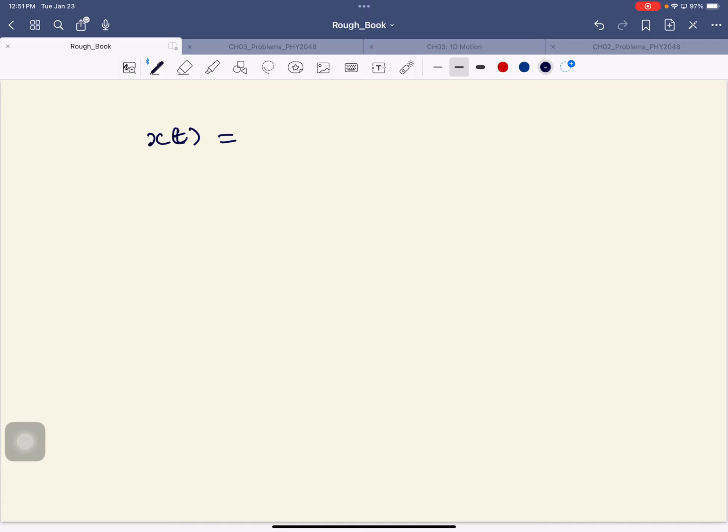How many functions can you think of? Infinitely many. There are infinitely many. So here's a simple one. There's a function.